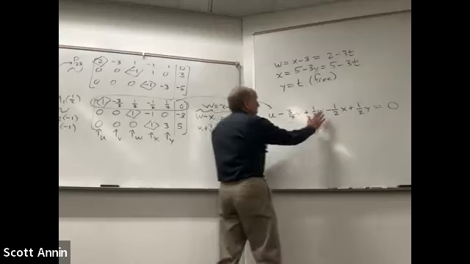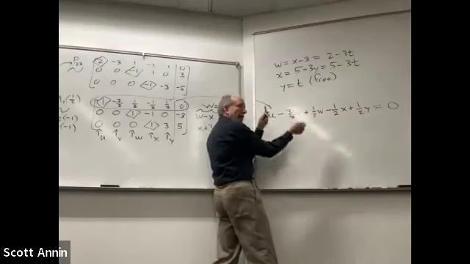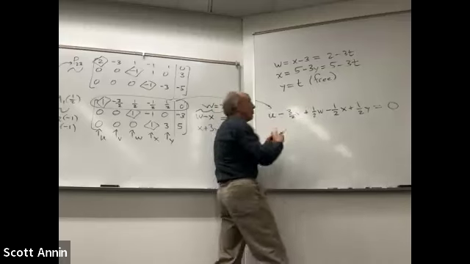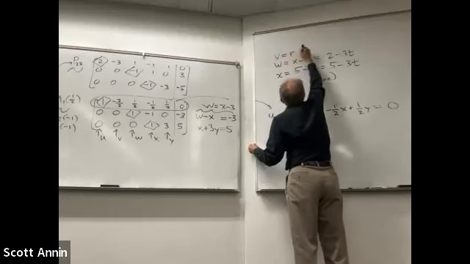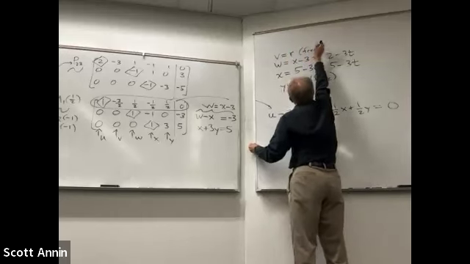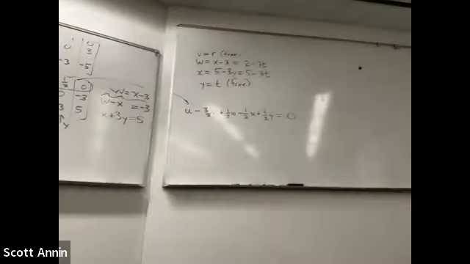Because if I know w, x, and y, that part's all determined, but I've still got these two variables here that I can play off of each other. So v is actually also free. I'm going to use an r for that one. It's a different free variable. And I like to remind myself that it's free. So remember that r, s, and t are good letters to use for free variables. Right now I'm using an r for the v variable.